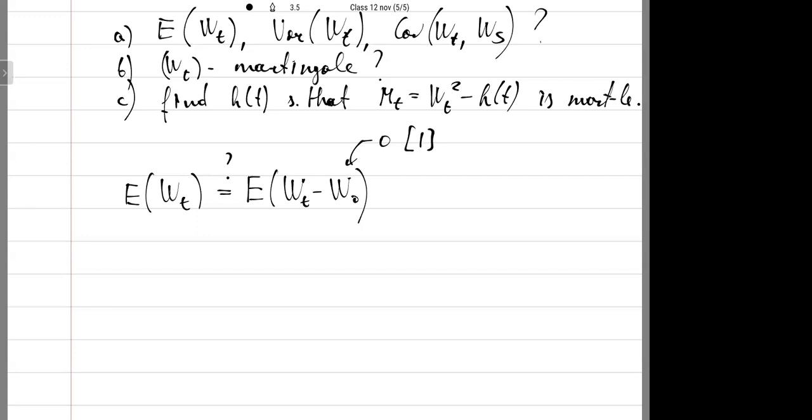Sorry, I cannot show you the list of properties. Maybe you can just look at some Wikipedia article on Wiener process. I understand that it's easier to look if I had a whiteboard, but okay, what can I do?